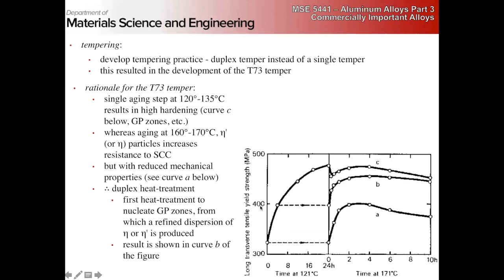If you raise it up and do 170 C, you get eta prime and then eta particles, right? Which are larger. They're not as good at improving the yield strength as the lower, more finely dispersed particles are, but they give you much better resistance to stress corrosion cracking.